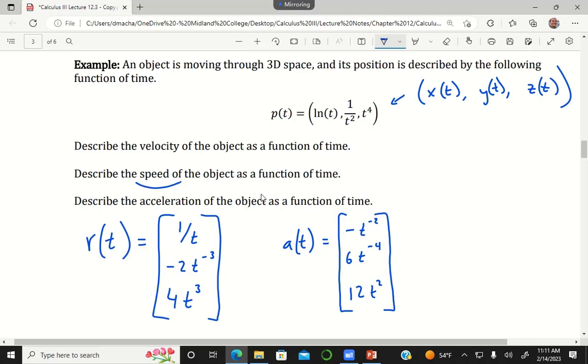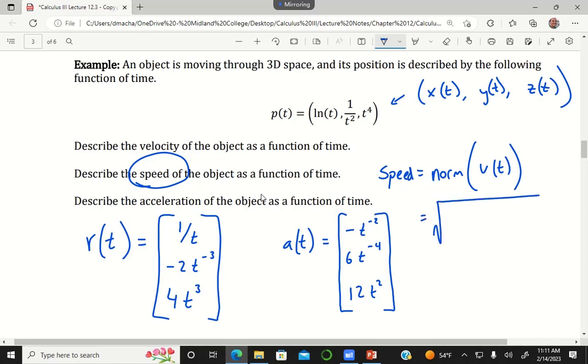And then like Abdullah pointed out, the speed is just the norm of the velocity vector, right? So the speed is going to be the square root of 1 over t squared plus 4t to the negative 6 power plus 16t to the 6th power.